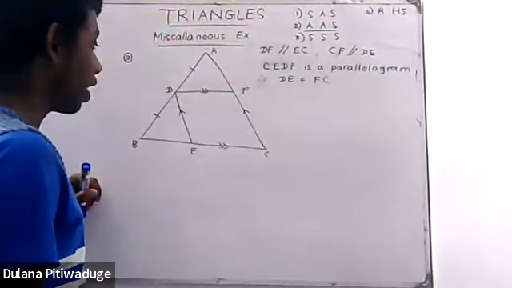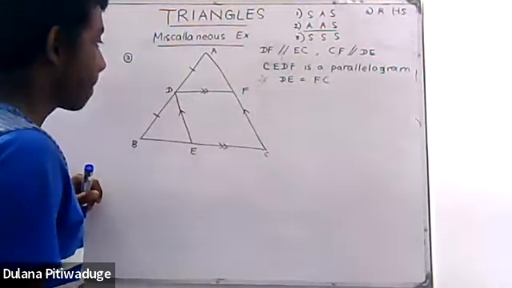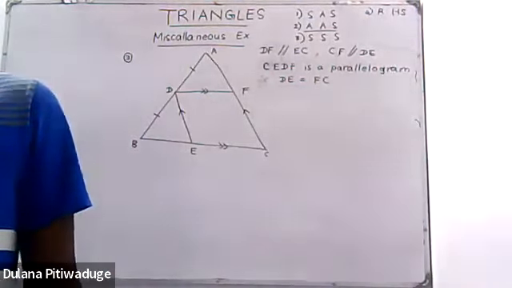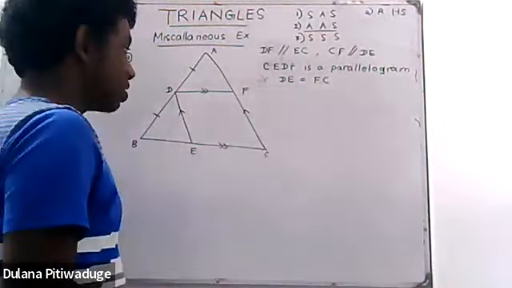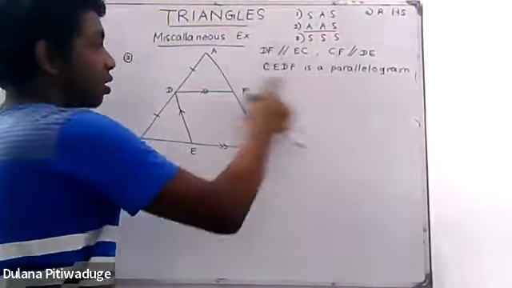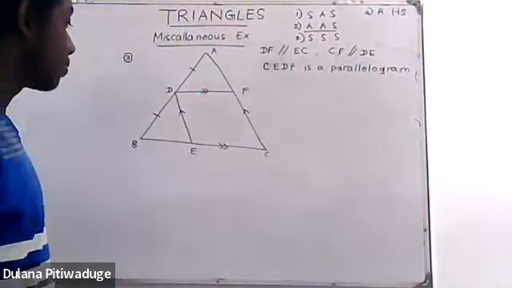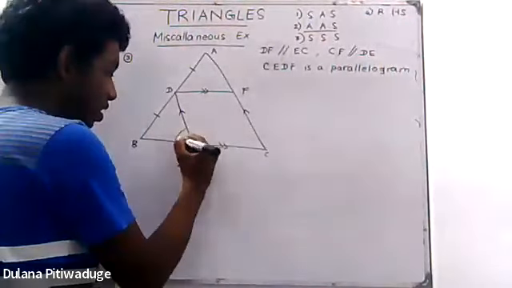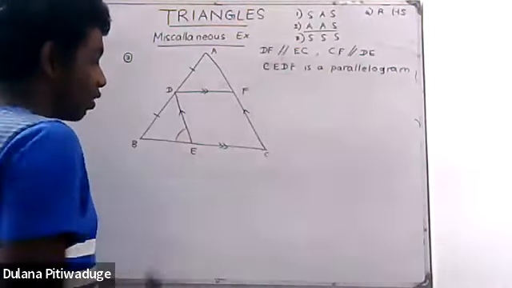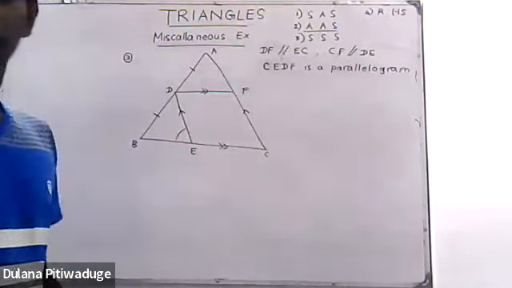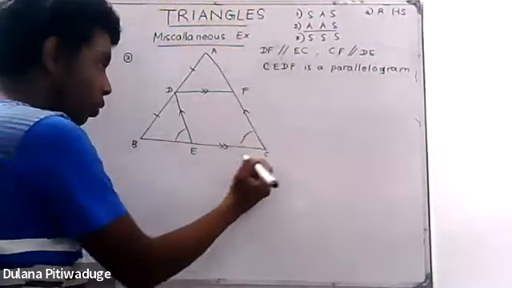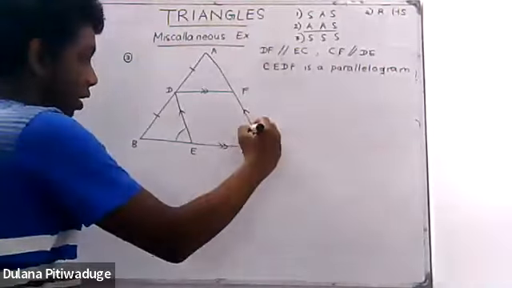So how can we use this? Without considering sides here, it's better if we consider angles here. If you consider this angle over here, you can say that it is equal to the angle ACB.